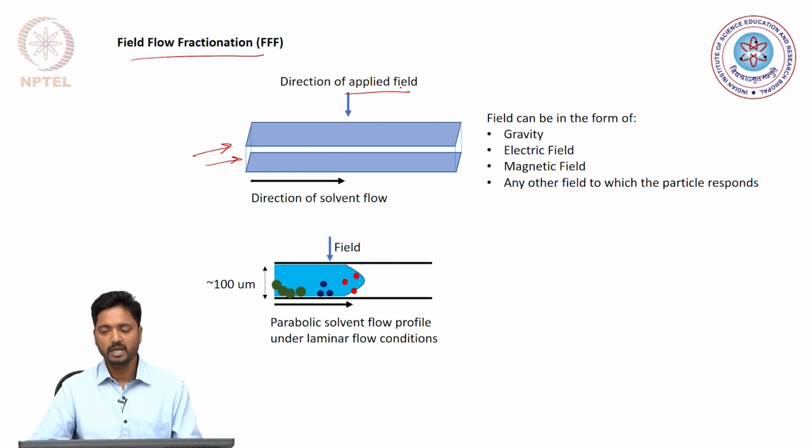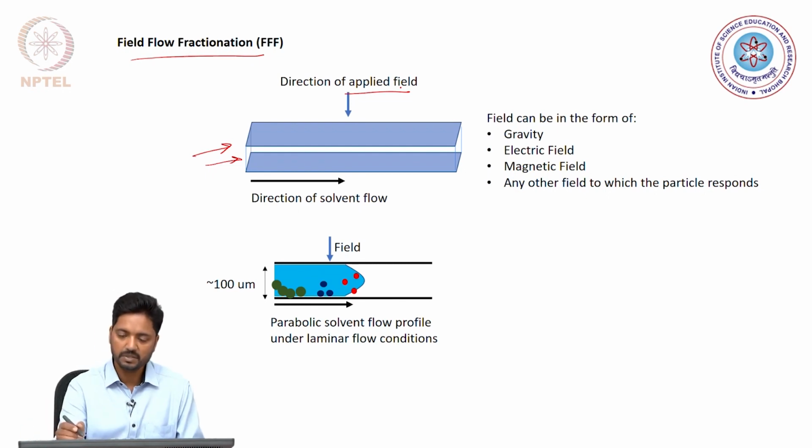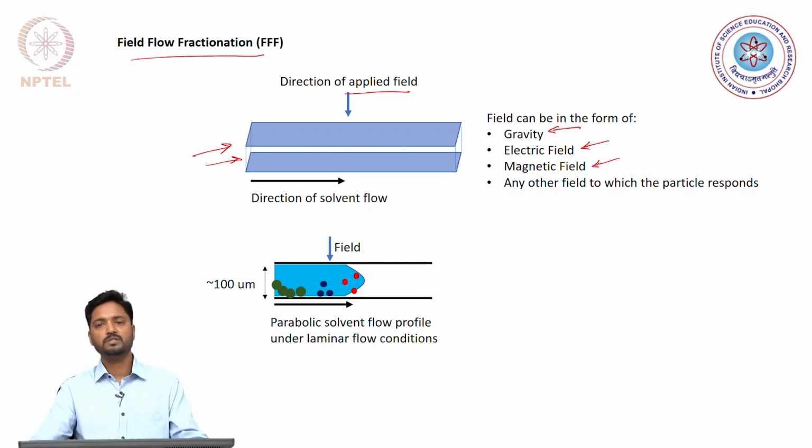The field can be of wide varieties. We can use gravity, we can use electric field, we can use magnetic field, or one can choose any other field to which the particle responds.